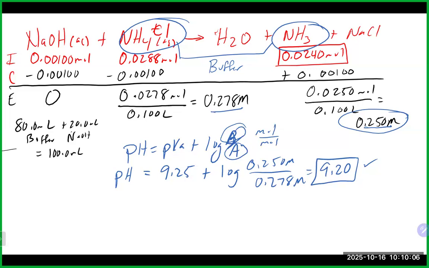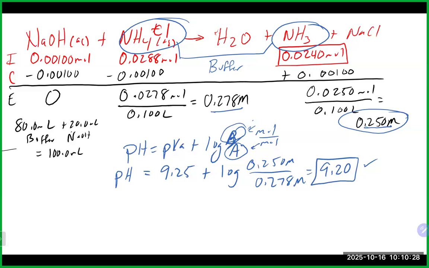If you're doing an ice table or something like that, you probably need molarity to get the right answer at the end. So just to be safe, you should always probably convert it back to molarity, but we will see people use moles sometimes in the Henderson-Hasselbalch equation because the volume cancels out as well. Any questions on that there?